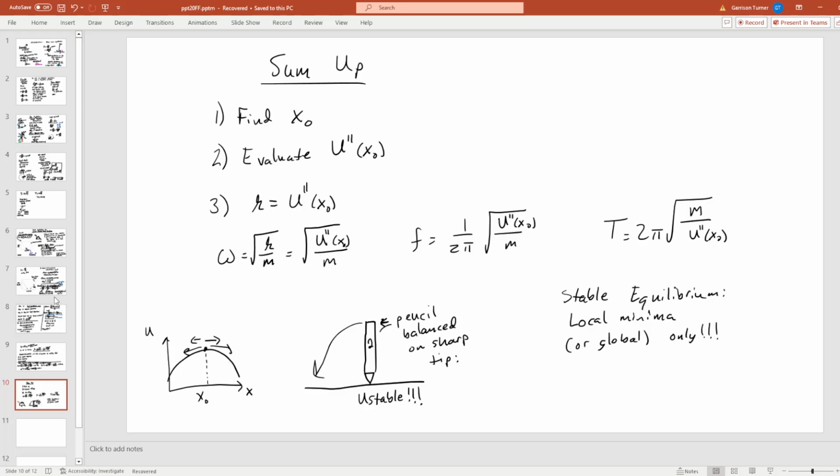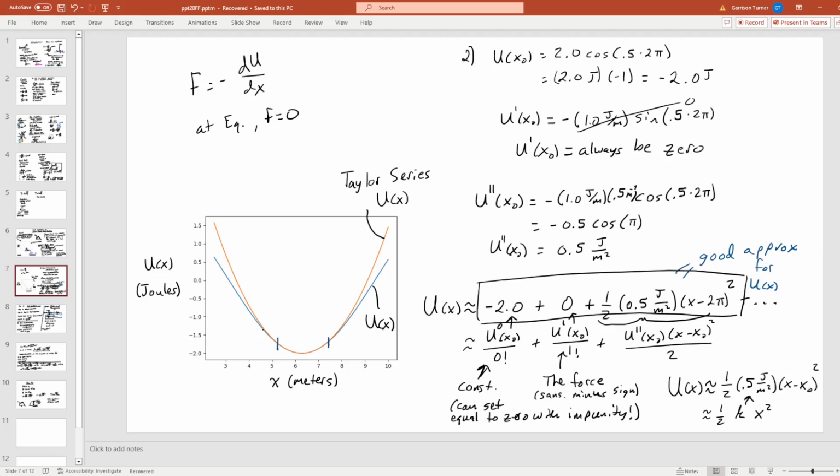And because it's a minimum, I can then draw this parabola that approximates at least a portion of that. So that is how you find the frequency of small oscillations for a general potential energy function. As long as there's a local or global minimum, you can do this process and you'll be able to find the frequency, assuming you know the mass. Okay? All right, we will see you next time.